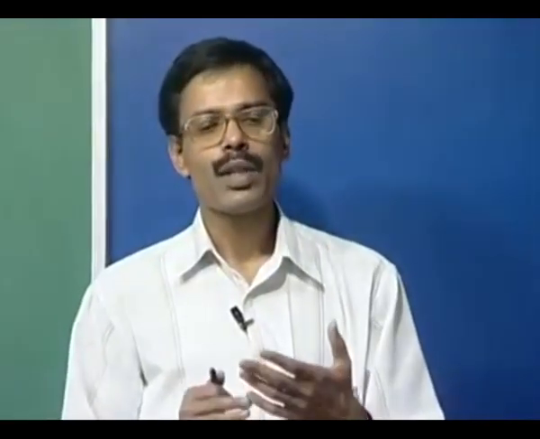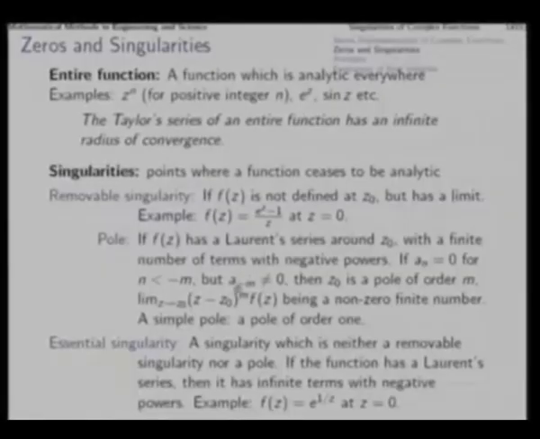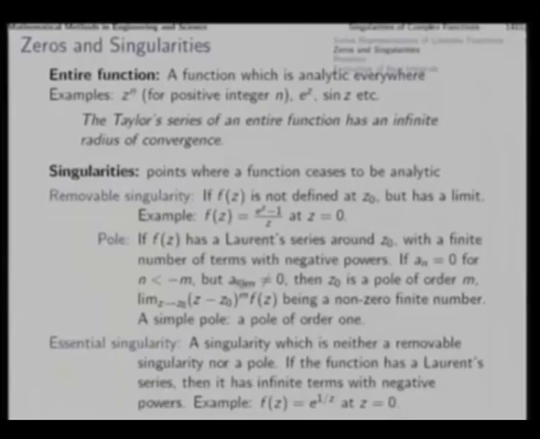Okay, so that means it is a pole of order 2, and so on. So, if up to a_minus m the coefficients are non-zero, in between 1 or 2 still may be 0, that does not make any difference. But if the lowest non-zero coefficient turns out to be a_minus m, and lower than that all other coefficients are 0, then you say it is a pole of order m.